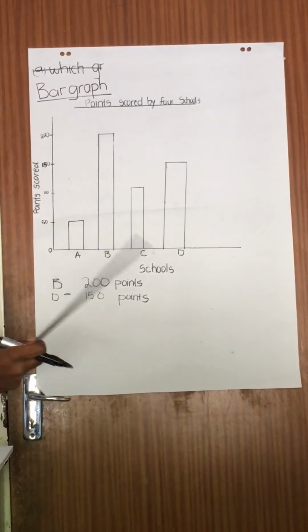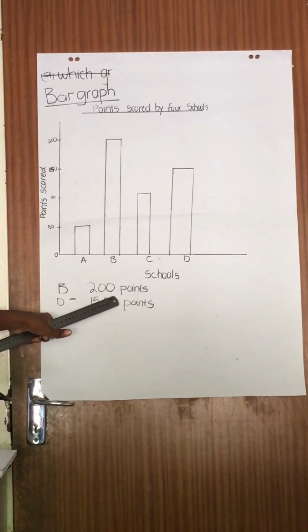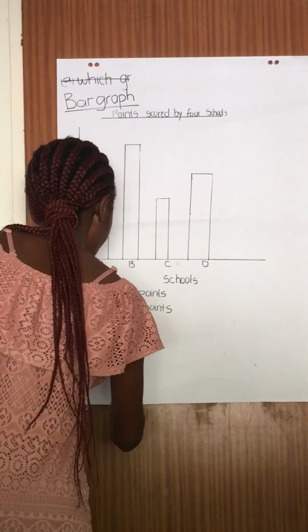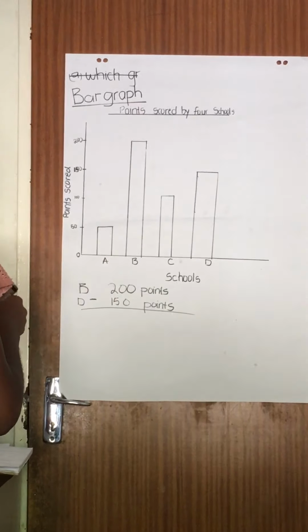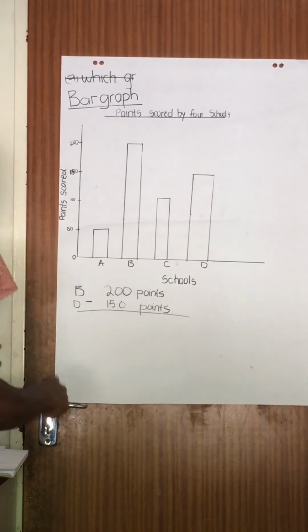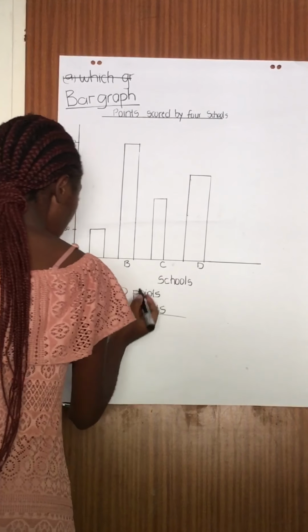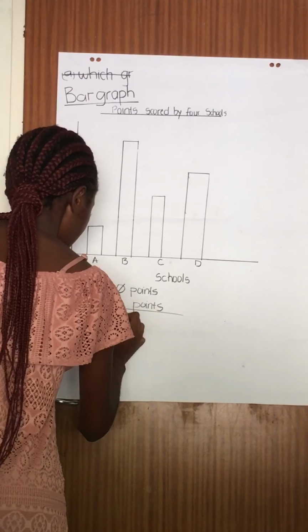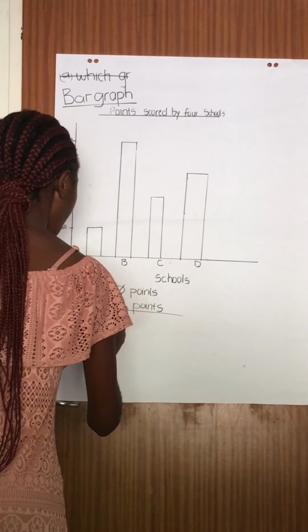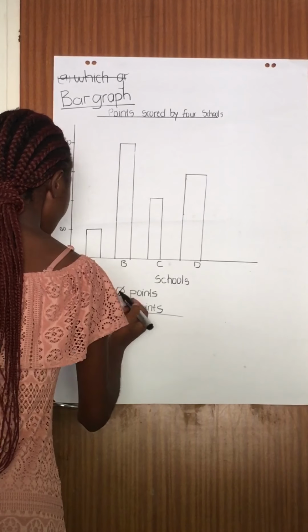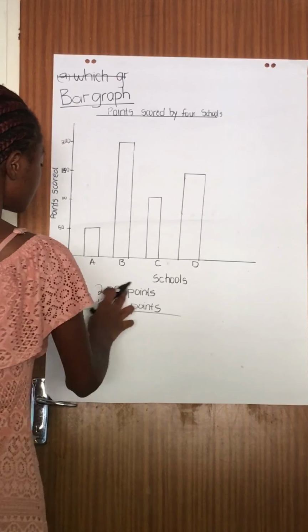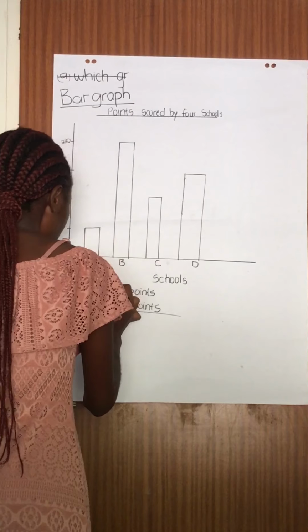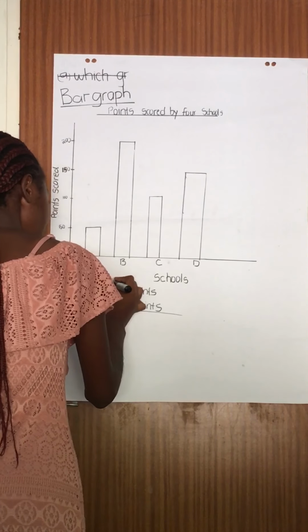So we are going to do this now. 200 points minus 150 points. Let's do this calculation quickly. 0 minus 0, 0 can subtract from 0, so this is 0. And then 0 minus 5, you can't subtract 5 from 0, so we have to borrow 1 from 2, and this becomes 10.